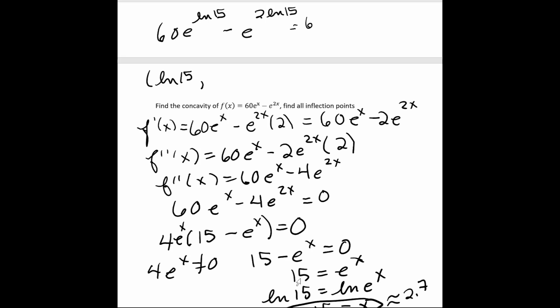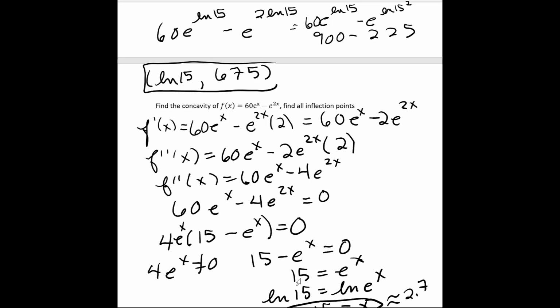You can do 60e^(ln 15) minus (e^(ln 15)) squared, or you can just put this whole thing in your calculator. 60e^(ln 15) will be 60 times 15, which is 900. (e^(ln 15)) squared will be 15 squared, which is 225. 900 minus 225 gives us 675, and this will be our inflection point.